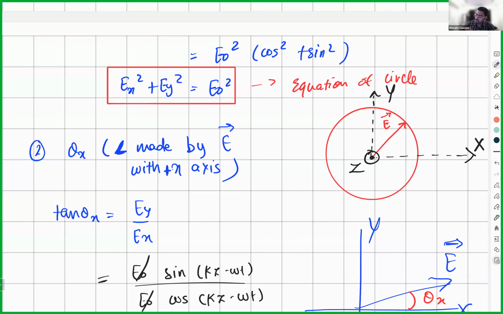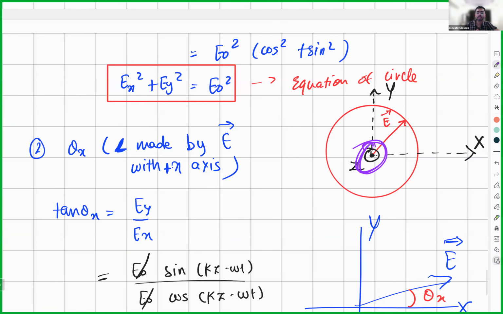Let us say this is your thumb, which is coming outwards from the screen. So how do my fingers look? My fingers look something like this. This is the direction of curling fingers.